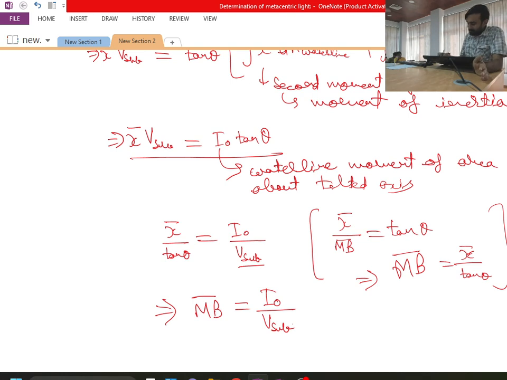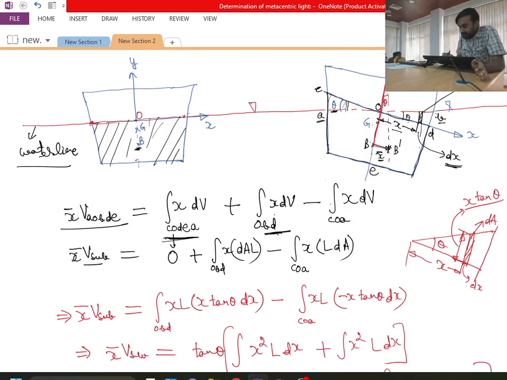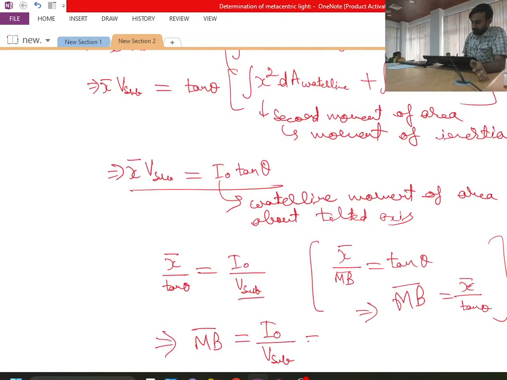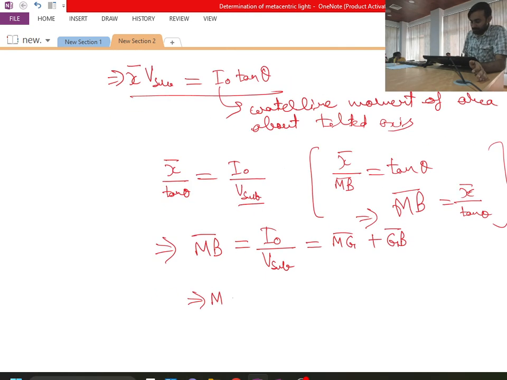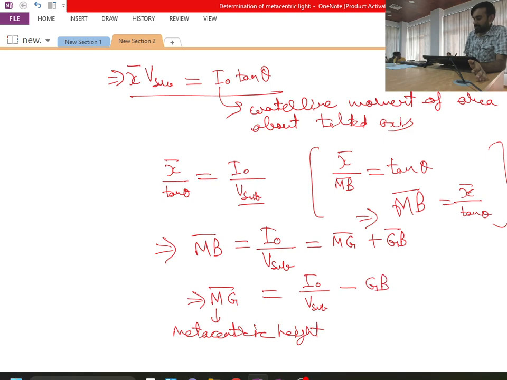Now, interesting point is, somewhere on this line only my center of gravity will be lying. Okay, so MB I can write as MG plus GB, which is equal to MG plus GB distance. Okay, so from here my MG, which is called as metacentric height, that is nothing but equal to I naught by volume submerged minus GB.